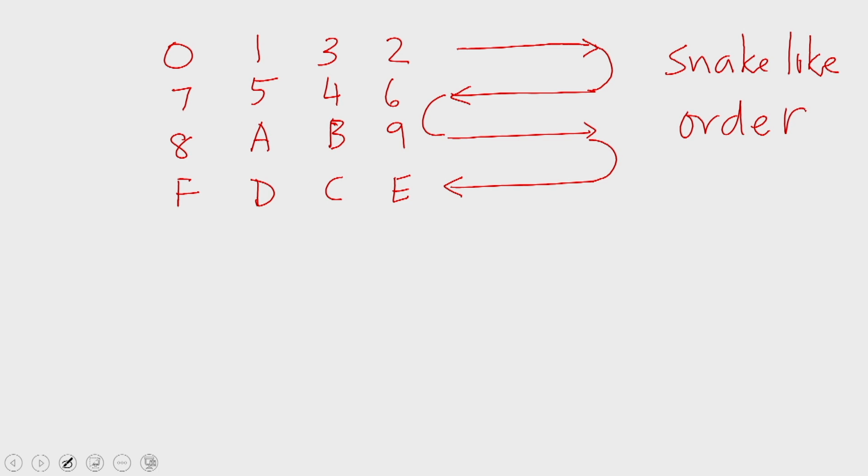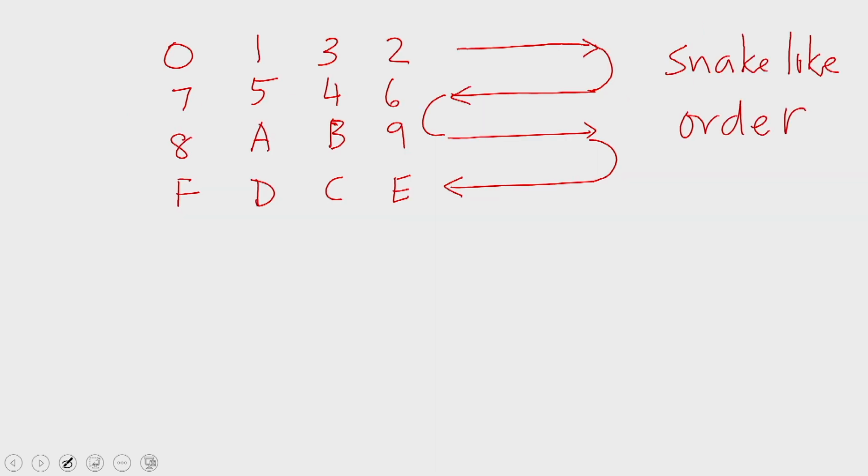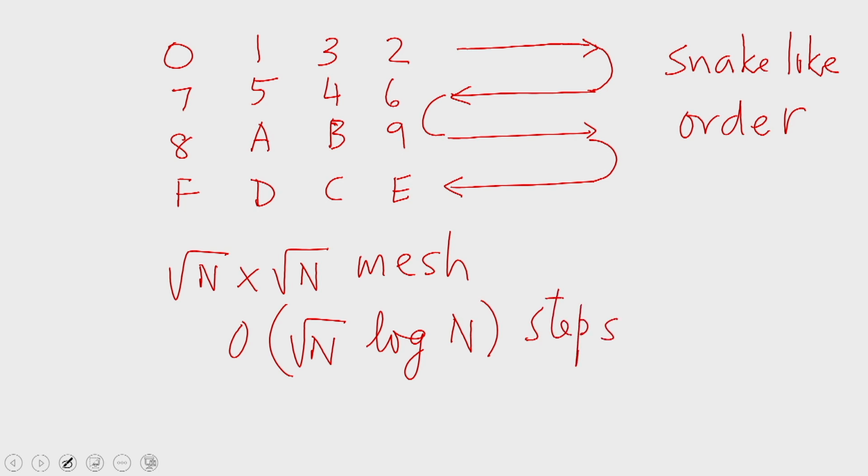And you can see that the elements get sorted surprisingly fast. In fact, we can show that on a root n by root n mesh, the elements can be sorted in order of root n log n steps. The analysis as well as the correctness proof we shall see later.